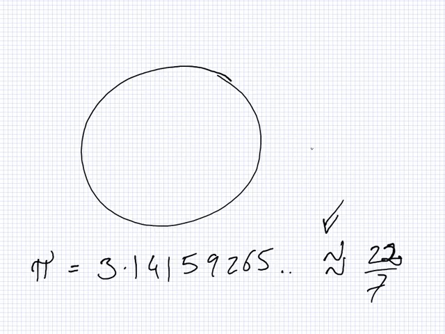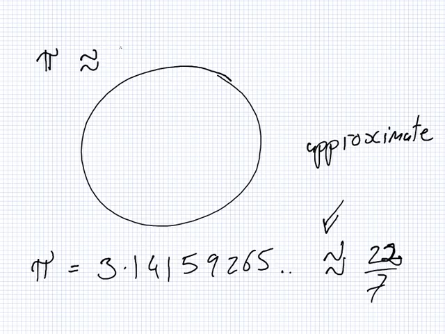We call this approximately. It means it's nearly the same. What's the word? Approximately. Approximate. Okay. So you could say pi is approximately 22 over 7, or approximately 3.14. Oh. Okay.